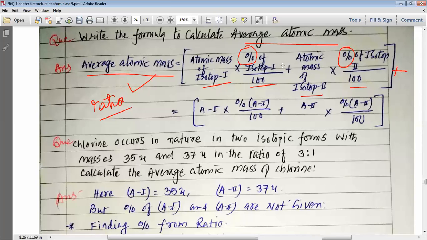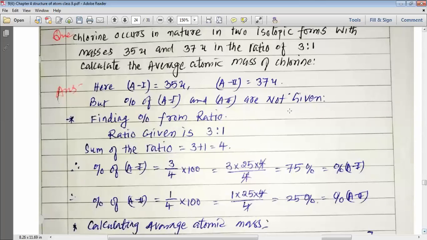But generally in 9th standard we do the calculation for two isotopes, so I have limited it up to two isotopes. Now, my dear students, let us revise how we solved the question.